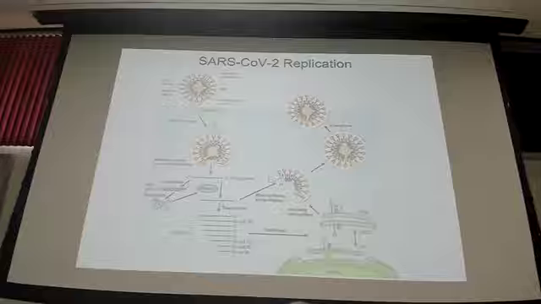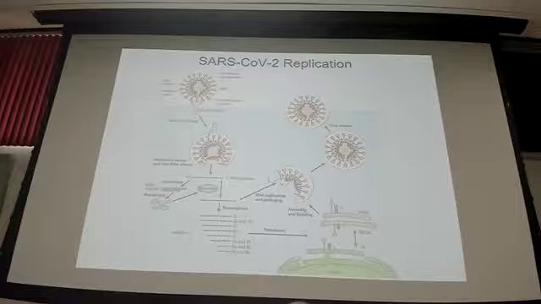ACE2, angiotensin converting enzyme 2. So this virus comes in contact with cells that express ACE2 on the surface. It gets endocytosed into the cell, receptor-mediated endocytosis. The dropping pH in that endosome triggers conformational changes in the spike protein, which cause it to fuse with the endosomal membrane and release the contents of the virus out into the cytoplasm. It's an RNA virus, so it does all of its business in the cytoplasm.